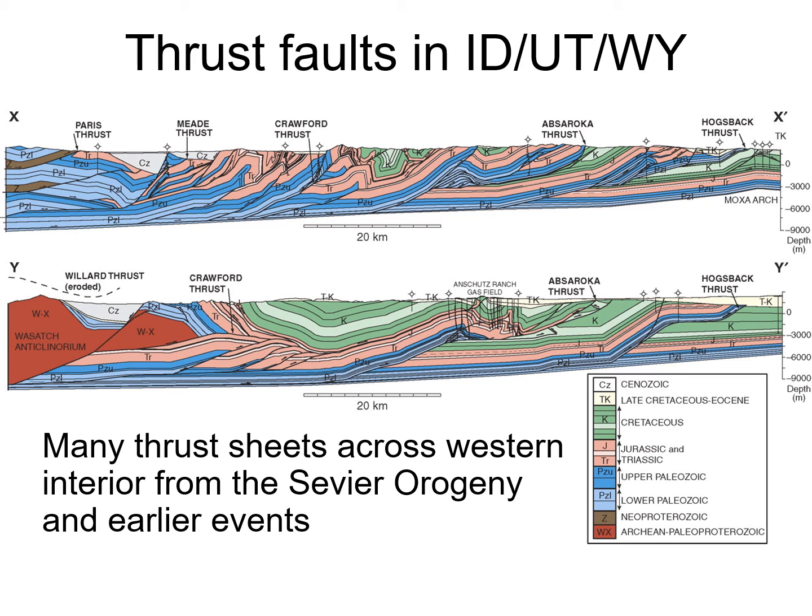While we had collisions going on along what was then the coast, all this area further inland was getting compressed and resulting in all these stacked thrust sheets that we see across what is referred to as the overthrust belt, again, the Utah, Wyoming, Idaho border region.